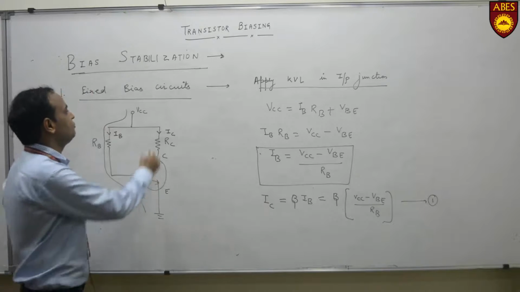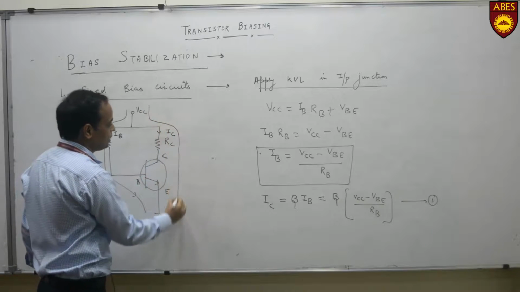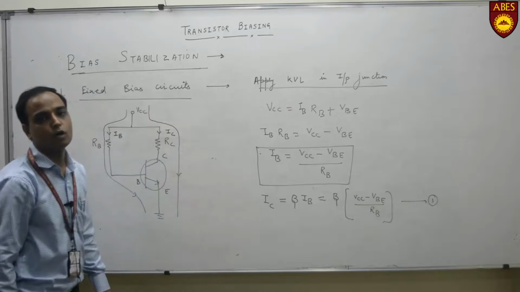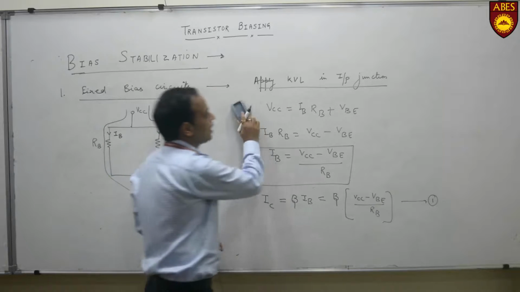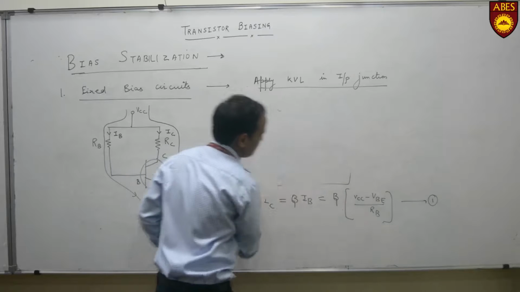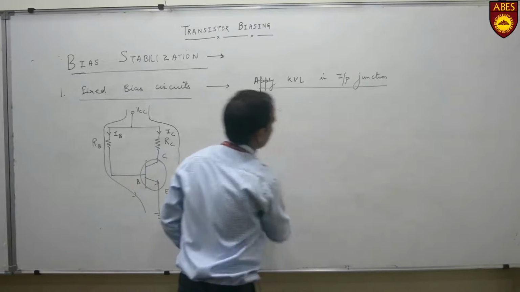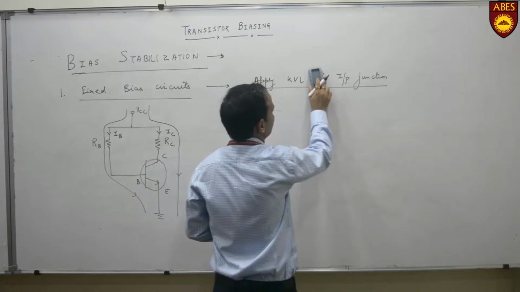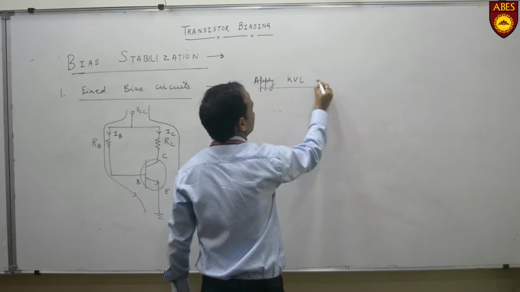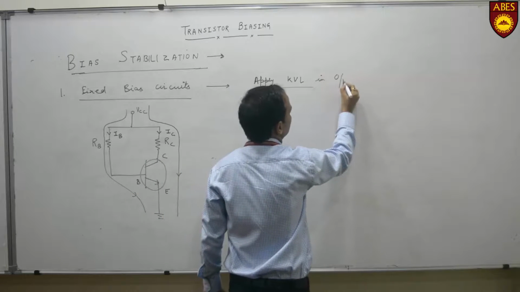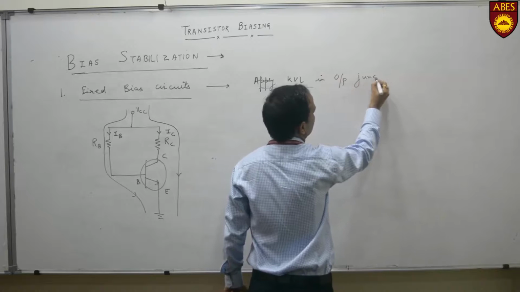Now in order to get VCE, we apply KVL in the output junction.